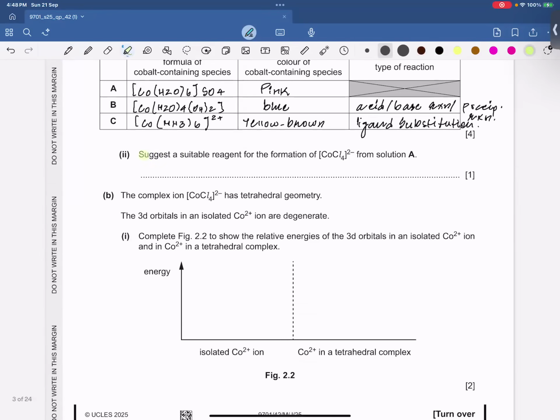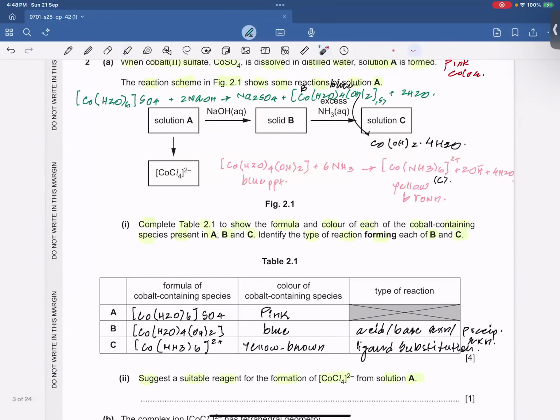In the next part, suggest a suitable reagent for the formation of this complex ion from solution A. What's happening is, when this compound is treated with compound X, you will get this compound. Technically, chloride ions are substituting water molecules, and the source of chloride ions could be concentrated NaCl, concentrated ammonium chloride, or concentrated hydrochloric acid, which means I'm going to react solution A with either concentrated hydrochloric acid, concentrated sodium chloride, or concentrated ammonium chloride.